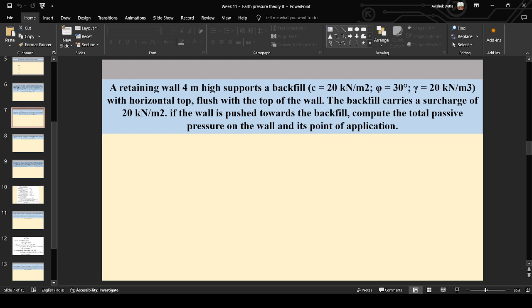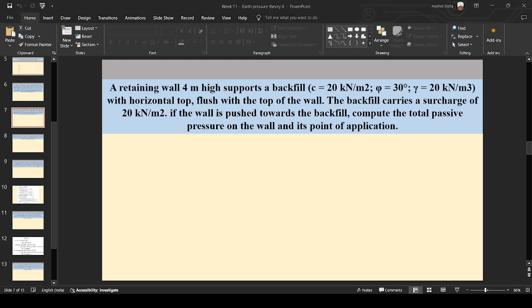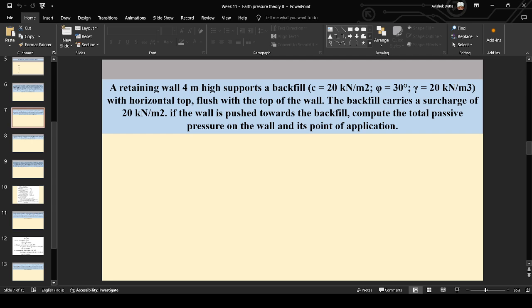I'll repeat the question once. A retaining wall 4-meter high supports a backfill. Cohesion of the backfill is 20 kilonewton per meter square. Angle of internal friction is 30 degree. Unit weight gamma is 20 kilonewton per meter cube with horizontal top flush with the top of the wall.